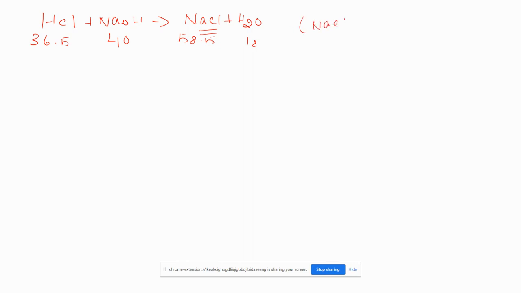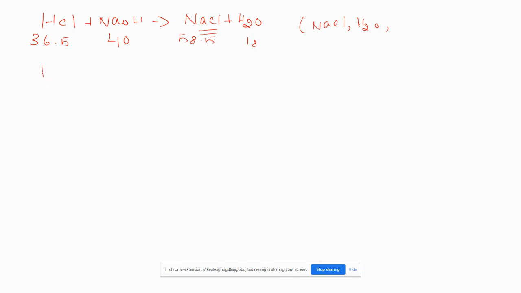NaCl and H2O will be the products. Along with that, NaCl is the product, H2O is the other, and then we have to find the amount of unreacted HCl and unreacted NaOH also. All these things we have to find. So first we will write the relationship and find how much is reacted.